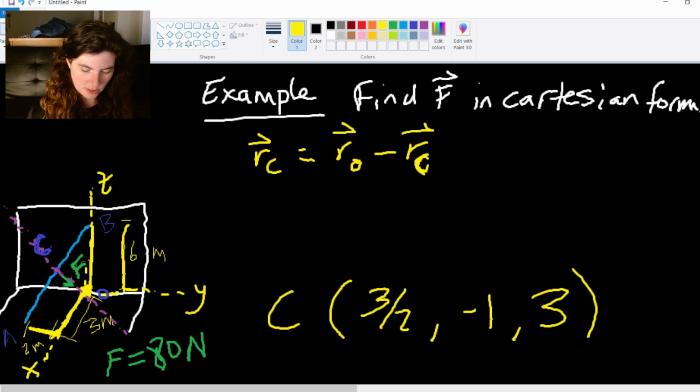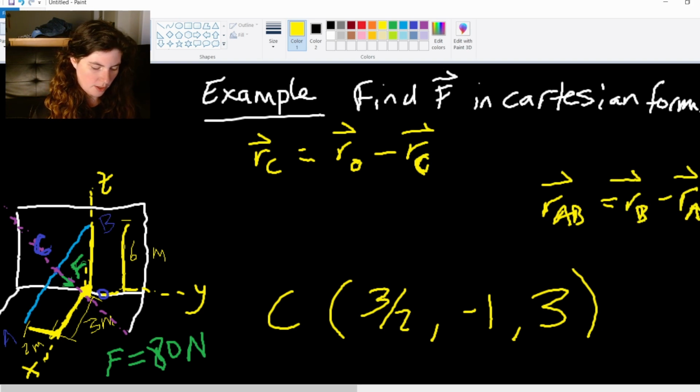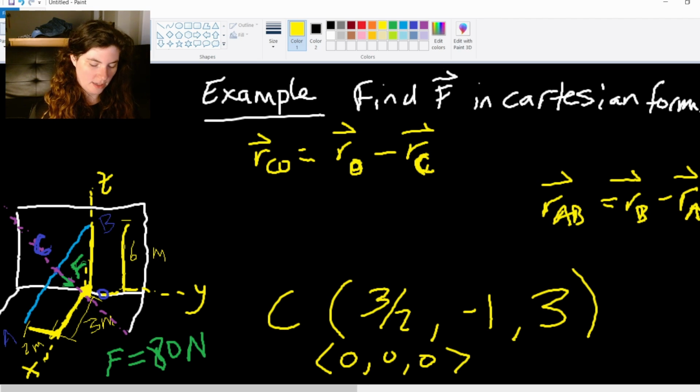Right, because just like we did in our example before, RAB, RB minus RA. It's the same concept here. I could write C0, right? It's going from C to 0. It's going to be RO minus RC. So our RO, we already know. We know that it's going to be 0, 0, 0. Right? That is the point that it is at. That's the position of it. And our RC is this guy here.